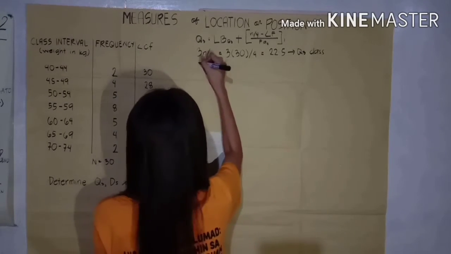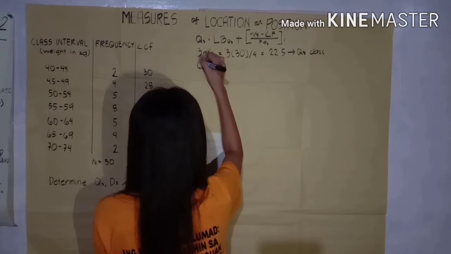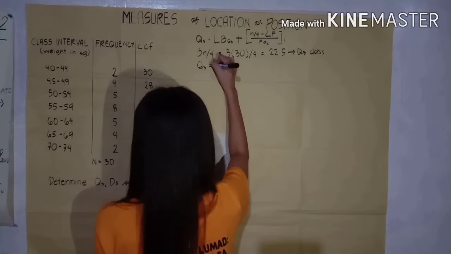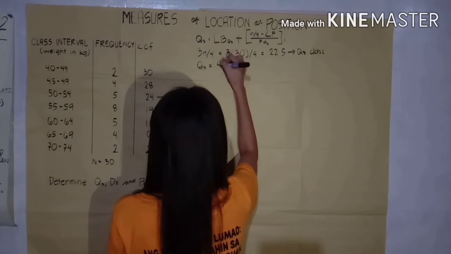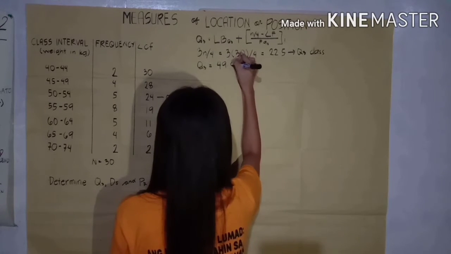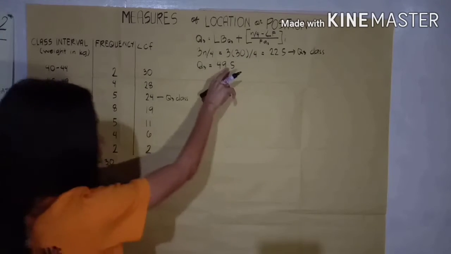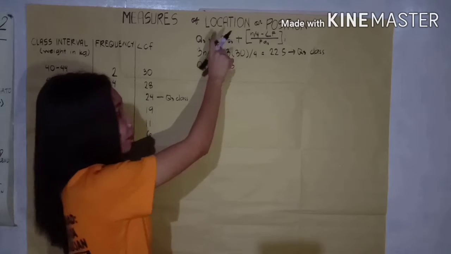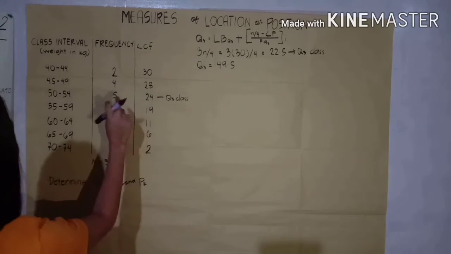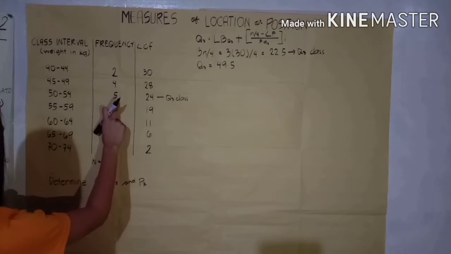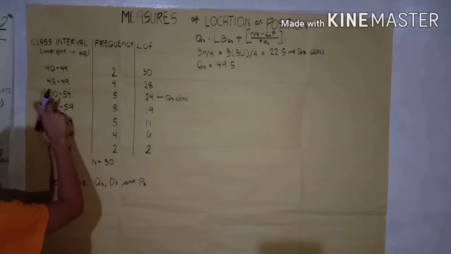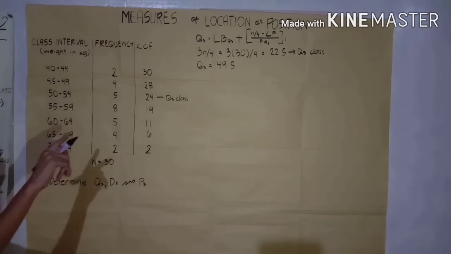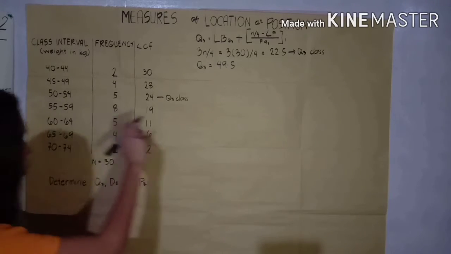So next we have Q3 is equal to 49.5. So why 49.5? Because in our formula we have the lower boundary of the Q3. So our lower boundary here in the table is 49.5 because 50 minus 0.5 is equal to 49.5.